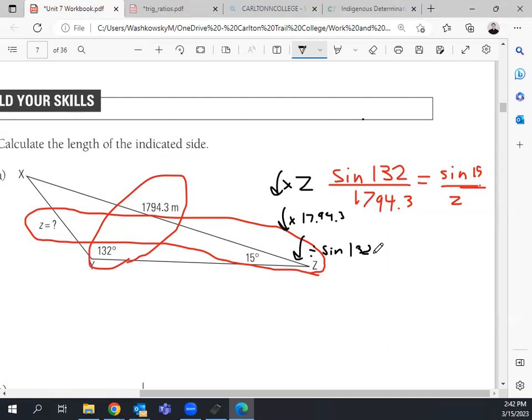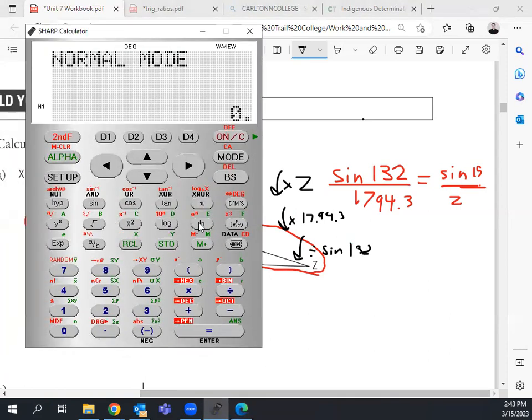So Z is going to be equal to sine of 15 times 17, over sine of 132. So this is what it should ultimately be.